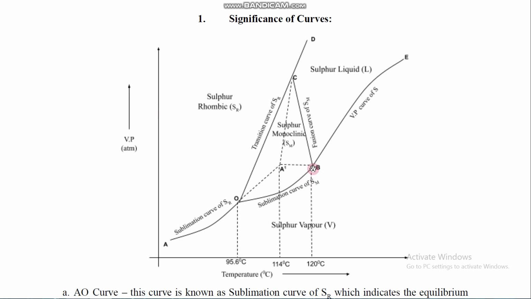The next curve is the BC curve. It is known as the fusion curve of sulfur monoclinic, which indicates the equilibrium between sulfur monoclinic and sulfur liquid. Again the degree of freedom is 1. F is equal to C minus P plus 2.